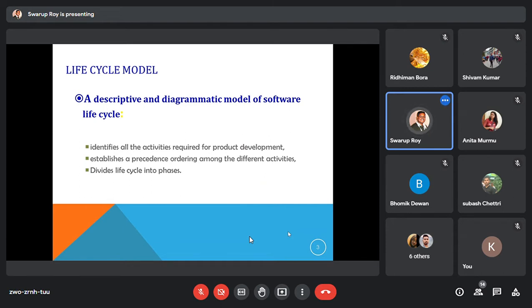That means what will happen, how we are going to conduct it, and what the process of software development will be. It identifies all the different activities you are going to take care of during product development, and which steps are to be taken first and which next, that ordering, sequence or precedence of the activities.